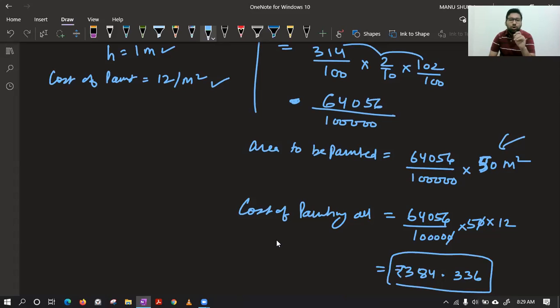Always never cut these zeros, let them be there. At the end only put the decimals for them. Try not to deal in decimals, because the chances of making a mistake will be higher. I think the answer is correct only. It is 384.34 approx, because 6 is here, so we can make it 4 by approximation.